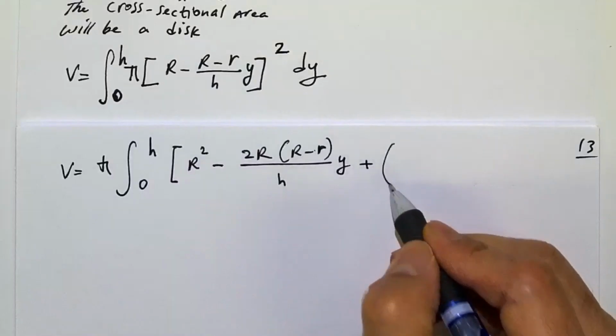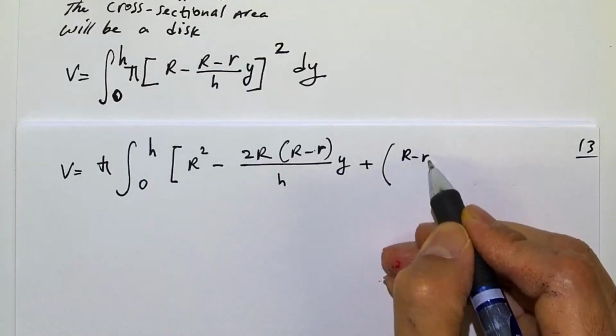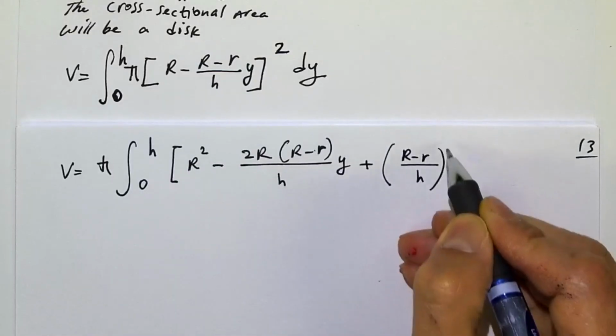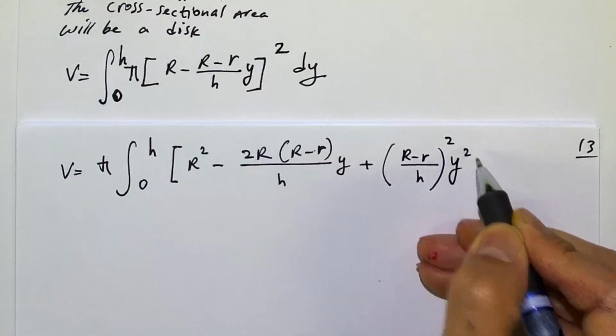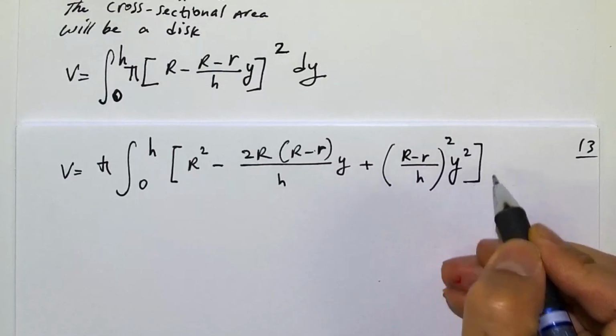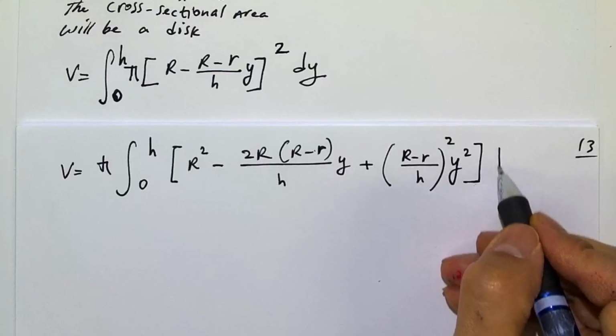So we have this quantity squared, y squared. And then of course this is dy.